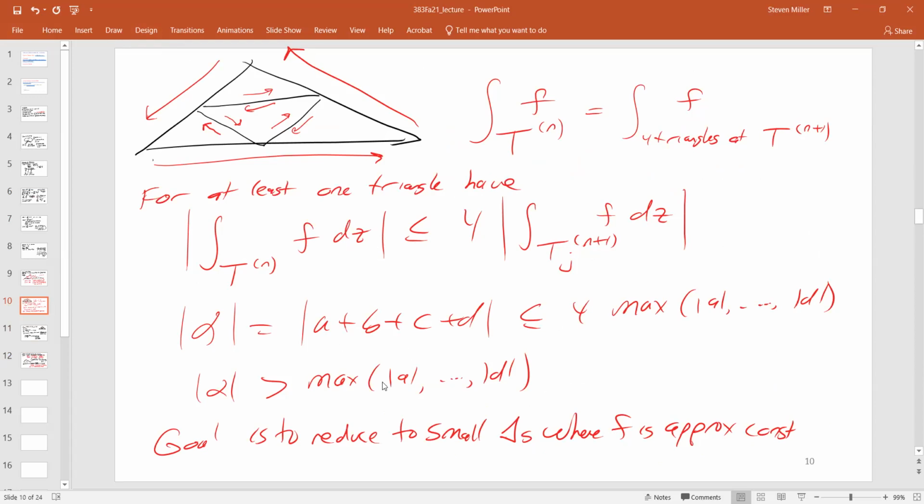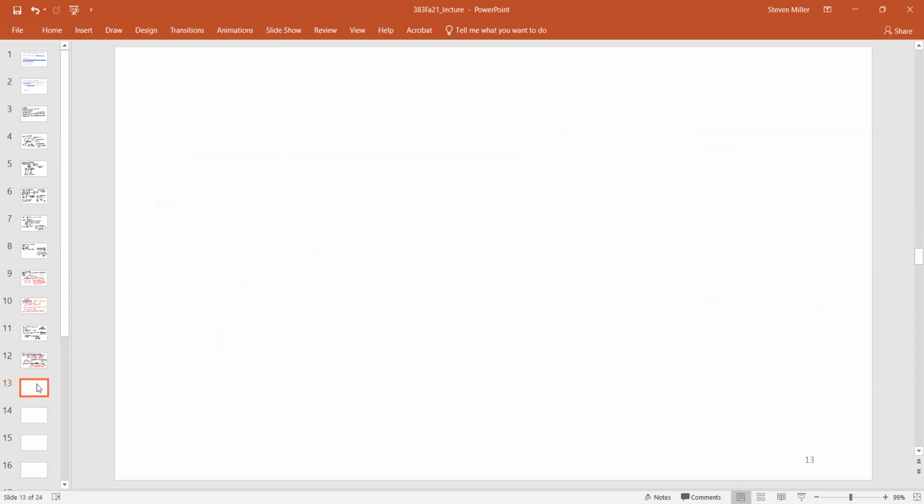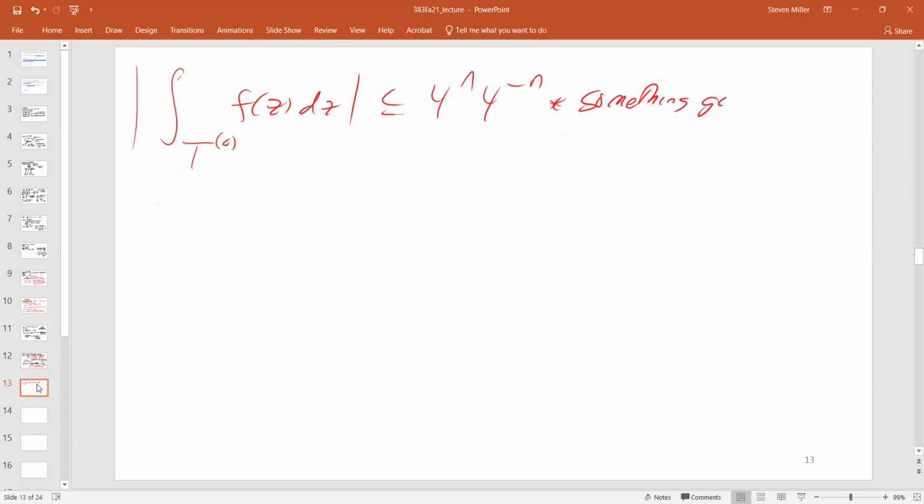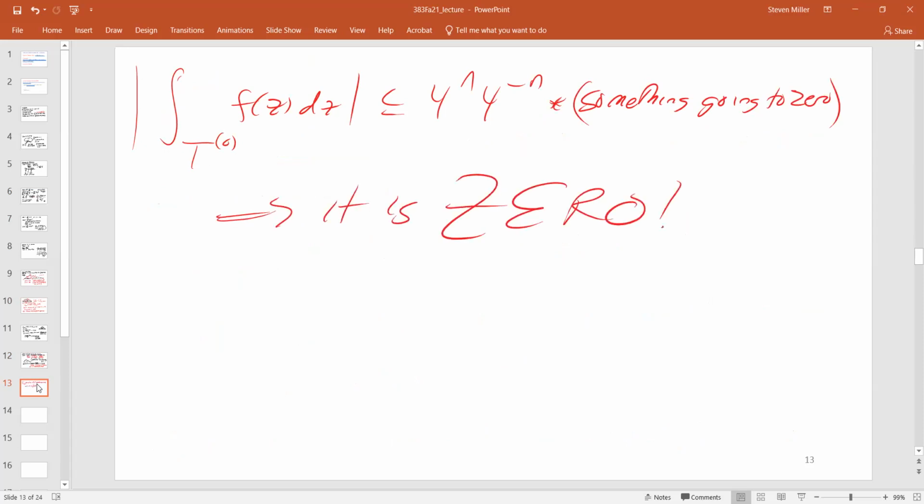And when you put all the pieces together, you get the integral over the original triangle of f of z dz is going to be less than or equal to 4 to the n times 4 to the negative n times something going to 0. Therefore, it is 0. So this is Goursat's theorem. And the idea is we just keep checking the sequence of triangles.